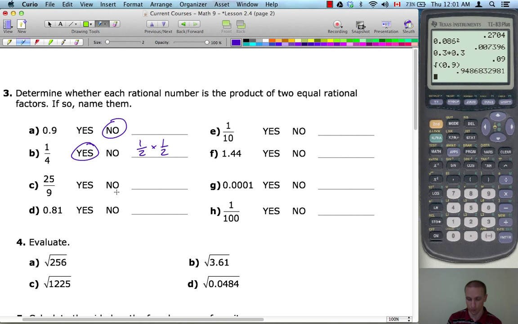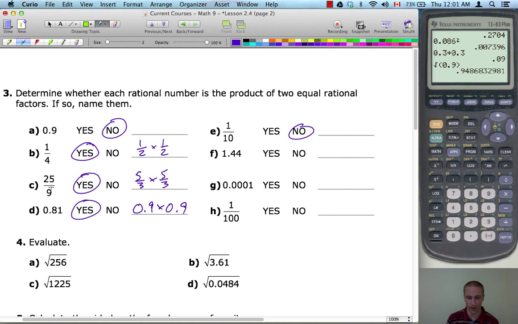25/9, so this is another one that is a yes. So it's 5/3 times 5/3. The next one is also a yes because it's 0.9 times 0.9. And the next one is a no because 1 is a perfect square, 10 is not a perfect square.